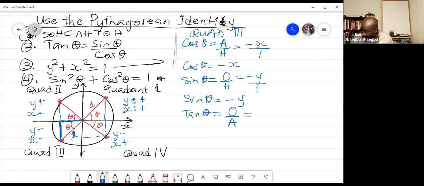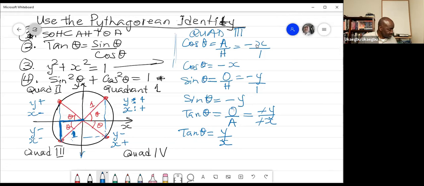In this case, opposite is negative y and adjacent is negative x, so negative over negative. So tangent of theta is going to be y over x, which is a positive number in the third quadrant.